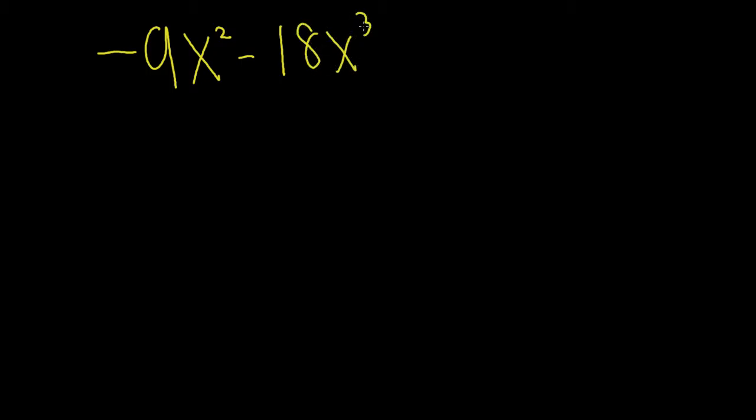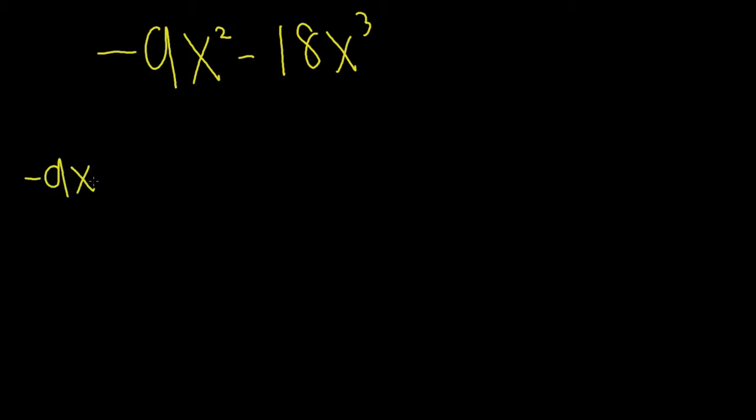Here's a slightly different version of the problem, but I think it's important to see. So what if it asked us to factor the common factor out of this instead? Negative 9x squared minus 18x to the third. Well, again, I would start by writing out my prime factors.